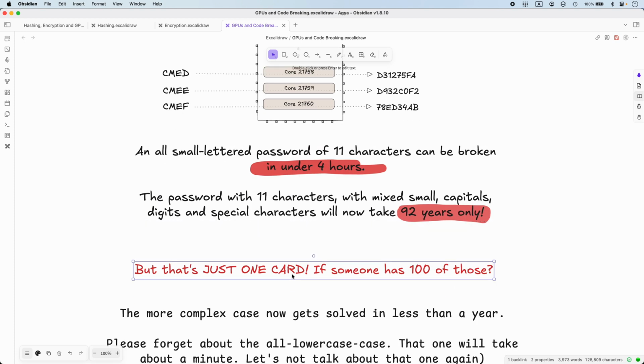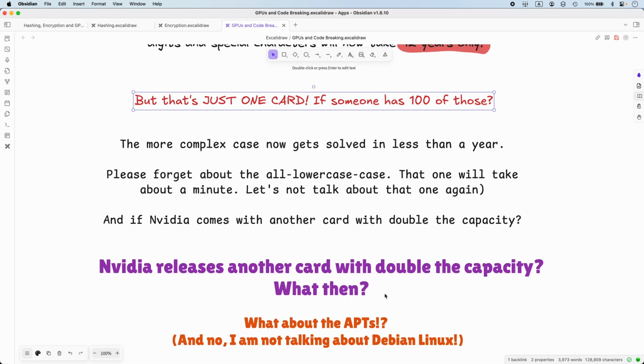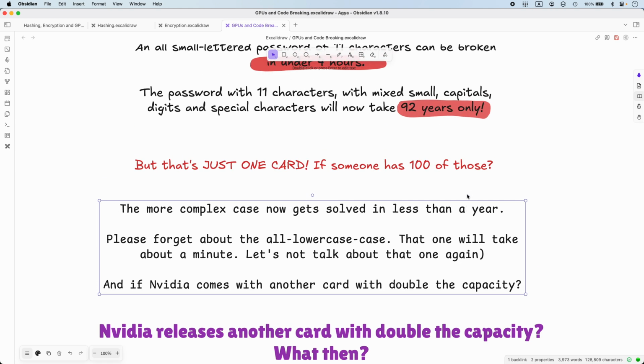Great. But that's one card. What if someone has 100 of those, 10 of those? This number gets reduced, right? And in the most complex case, it gets solved in less than a year. 100 of those.